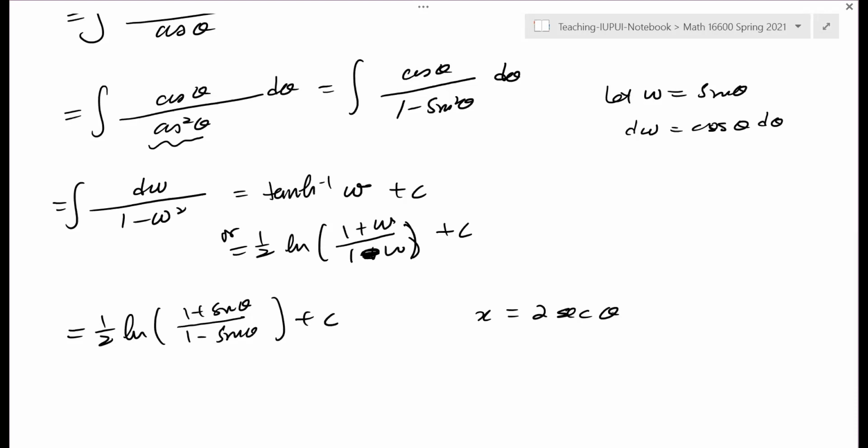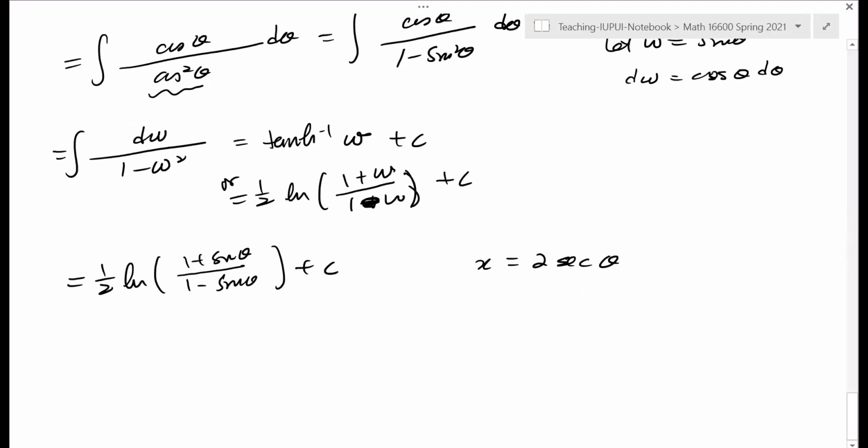The easiest way is to replace sine theta by, think about this, x equals 2 over cosine theta. So cosine theta is going to be 2 over x.